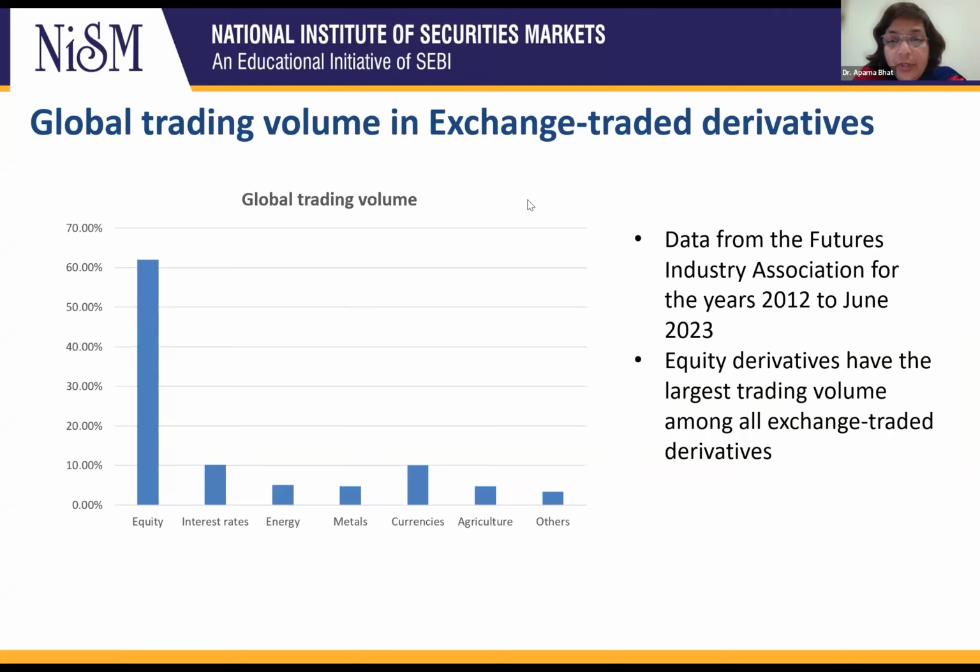So if you look at how the trading takes place in all these kinds of derivatives, what do you see? More than 60% of the trading volume in exchange traded derivatives is accounted for by equity derivatives. So equity futures and equity options have the largest trading volume among all the exchange traded derivatives.